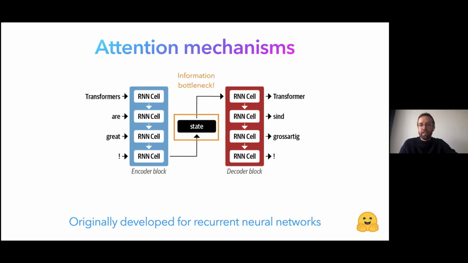Sure. So a state is essentially just a vector. It's an array of numbers that are outputted. And that's where you maybe can already imagine why it could be difficult to store all the information in such a vector and then decode it to an output sequence, because you have exact objects on the left-hand side, right?